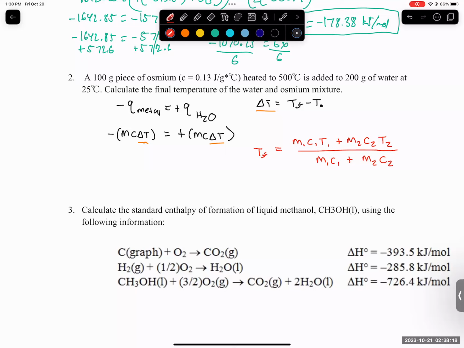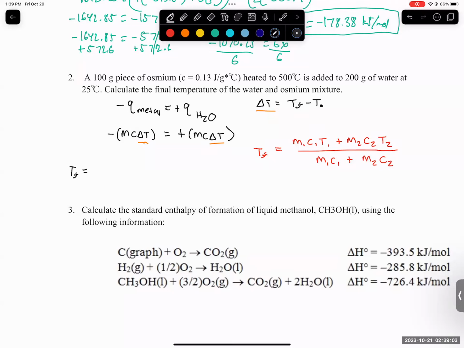But in reality, if you eliminate the T's from the numerator, it's pretty much the same thing over the same thing, except the numerator has the temperatures, right? So it's not too difficult of an equation to remember. And this will help you bypass all the algebra, because this equation comes from solving for T final using the heat equation. Right? So now what we have to do is plug in all the information.